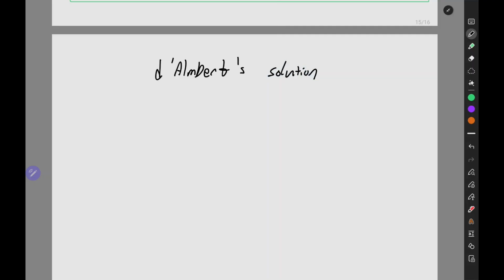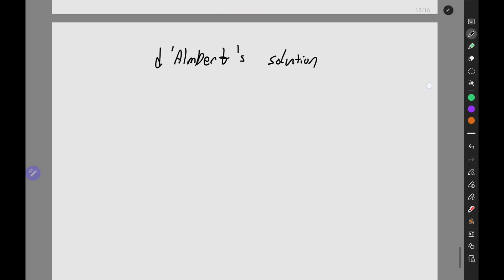I might do a video on this, but I've kind of run out of time for the summer to make a video on it. But it's a useful solution to easily solve the wave equation. So you can check that out if you want to. Maybe show off to your professor that you know it. Just some food for thought.